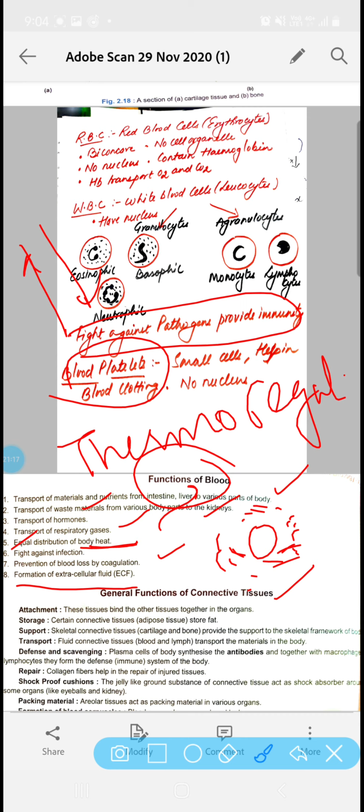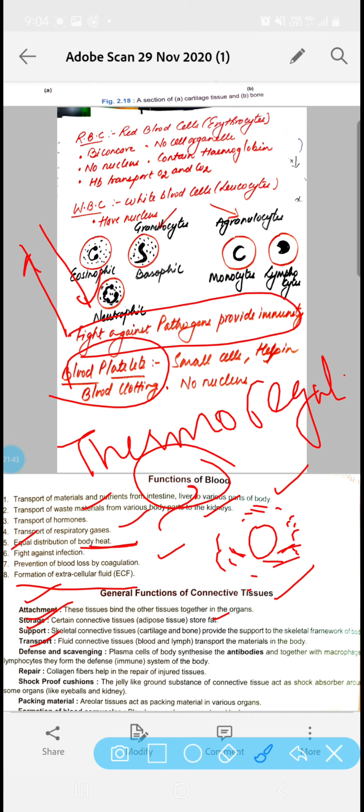Now if we talk about the functions of connective tissue in general, connective tissue helps in attachment. You have discussed tendons and ligaments, they are attaching different organs. And storage, they help in storage. We have discussed that adipose tissue stores fat. Support, the bone gives the main framework, it supports the body.